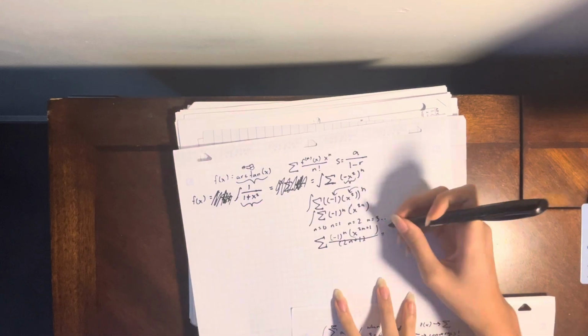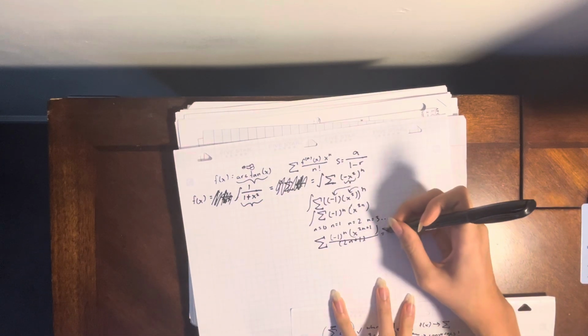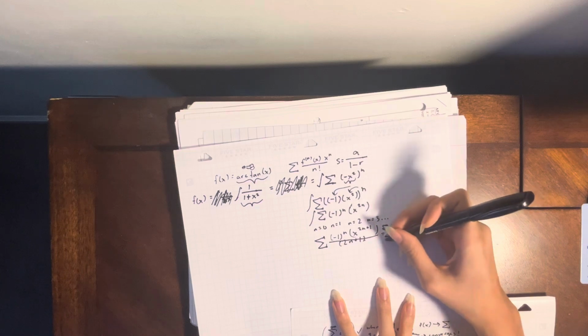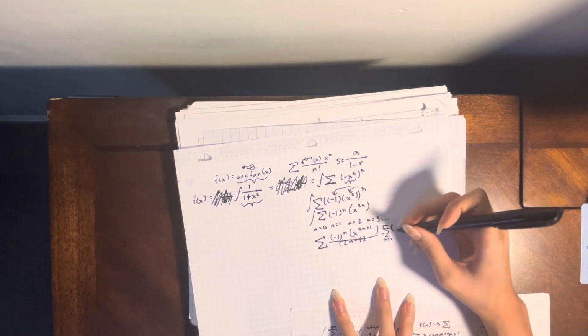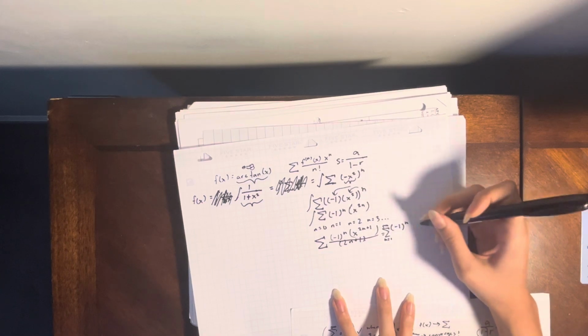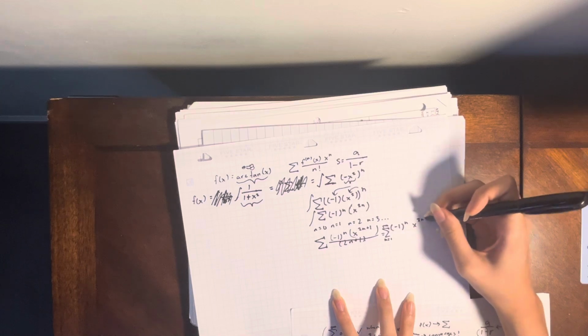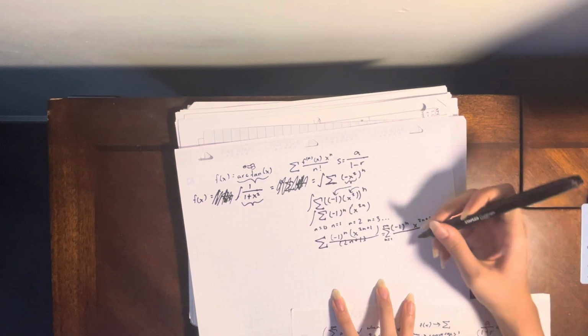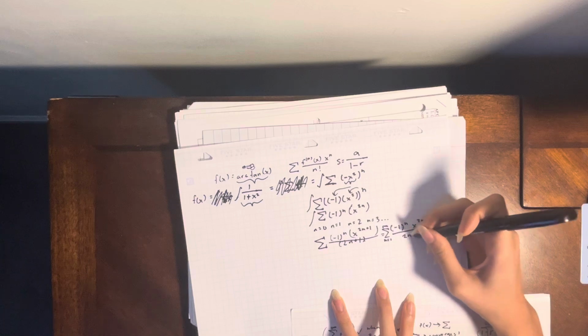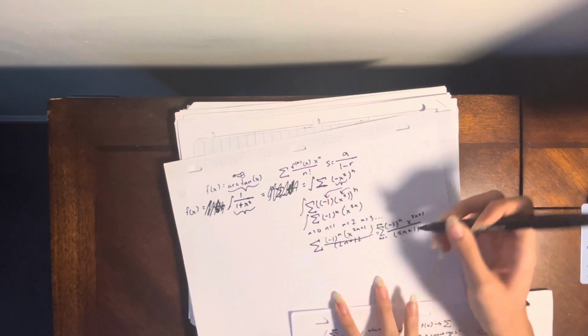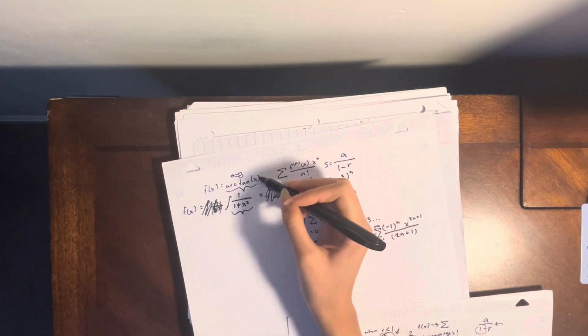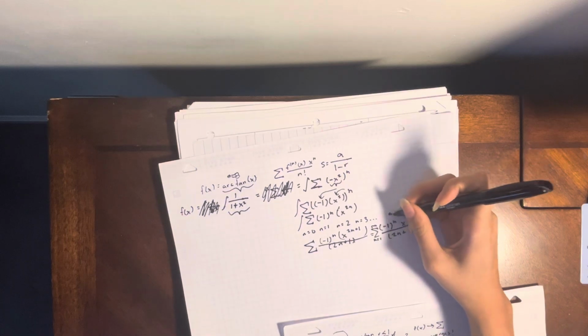I'm going to rewrite that exact same thing, except without crossing anything out. And that is how we write arctangent of x as a series.